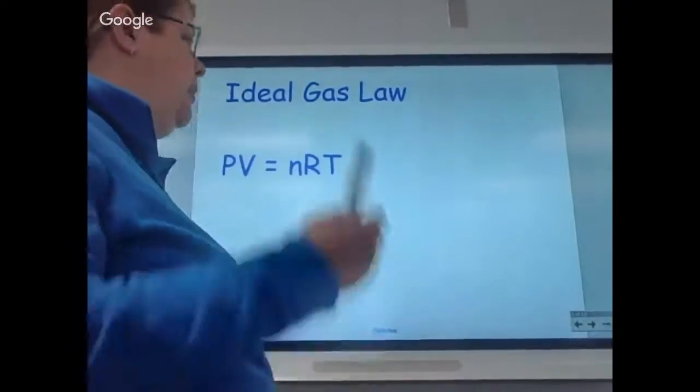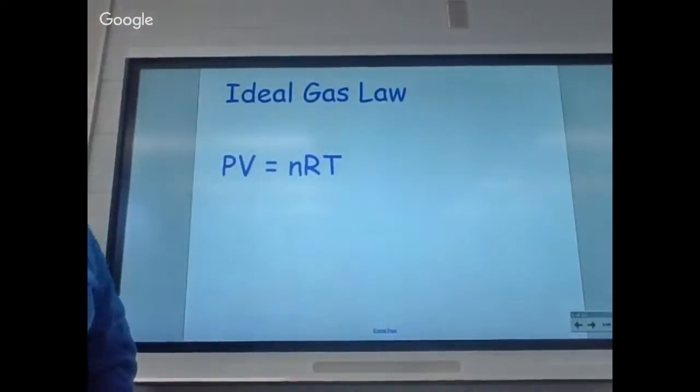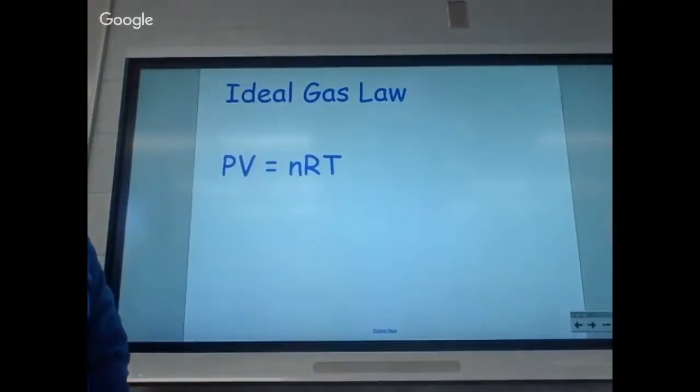So if you think about Charles, Boyle's, Gay-Lussac, and the combined, how many temperatures did you have in those laws? How many volumes did you have? How many pressures did you have? How many does this one have? Well, that's 1. Okay, 1 pressure, 1 volume, and 1 temperature.